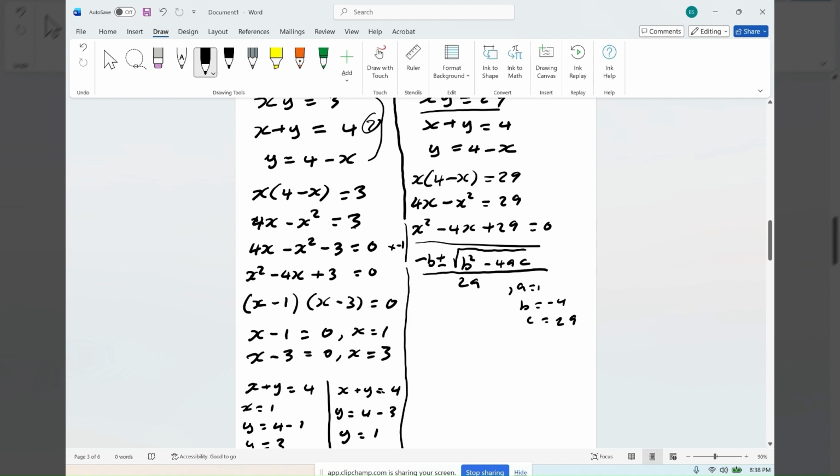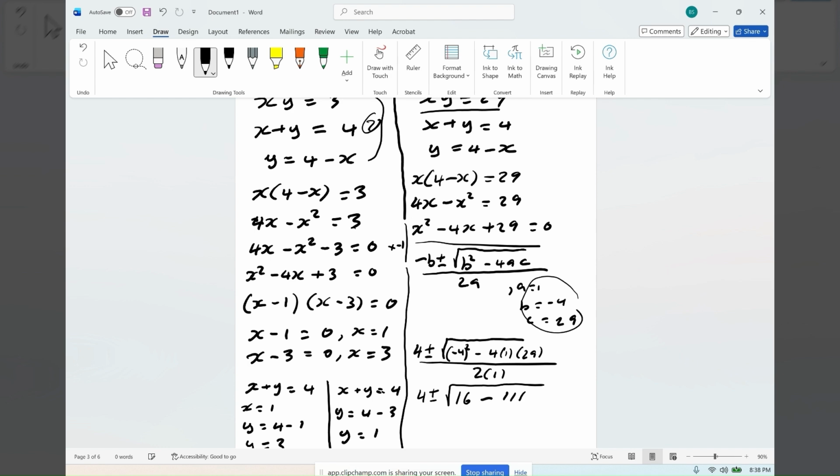So let's substitute this into the equation. You have b is -4, minus minus is a positive, so you have 4 plus or minus the square root of (-4) squared - 4 times 1 times 29, divided by 2 times 1. So we have 4 plus or minus the square root of 16 - 116, divided by 2.